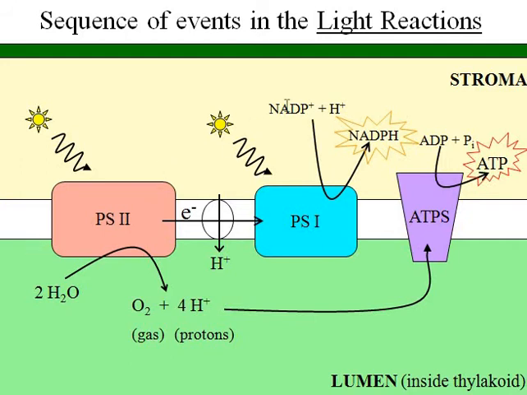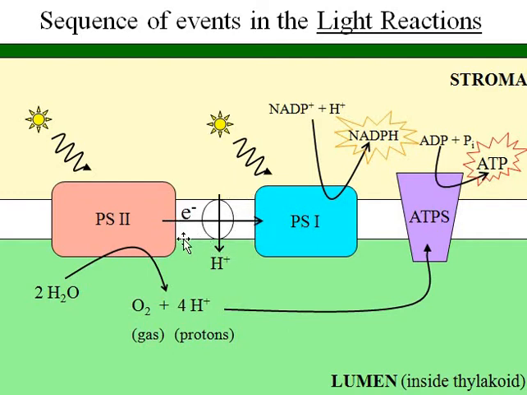Here you can see the sequence of events in the light reaction. Now see here, it is PS2. PS2 means photosystem 2. It generally absorbs light at 680 nanometers and is also known as P680. After it receives the photon from sunlight, two molecules of water are broken into oxygen and protons, and electrons are transferred.